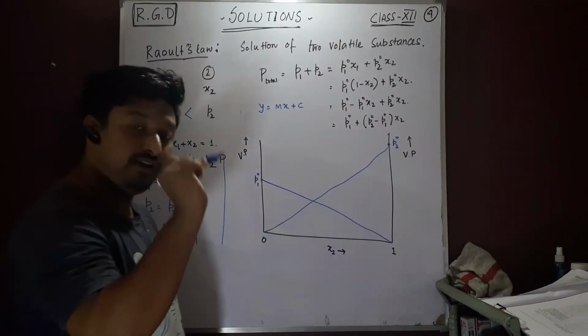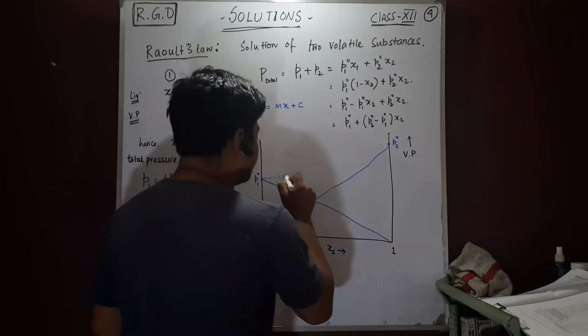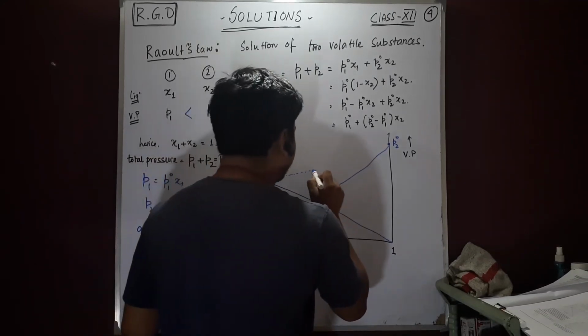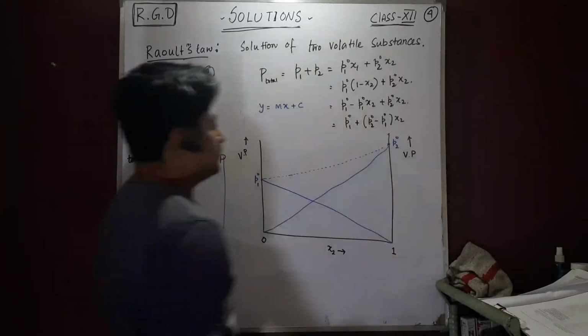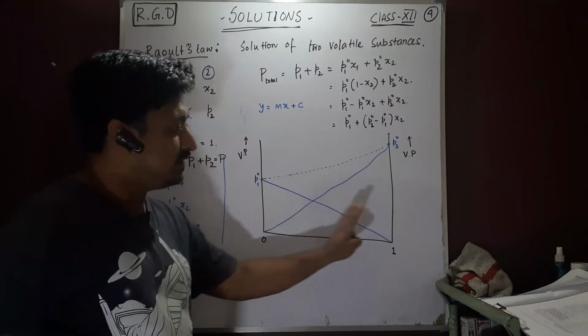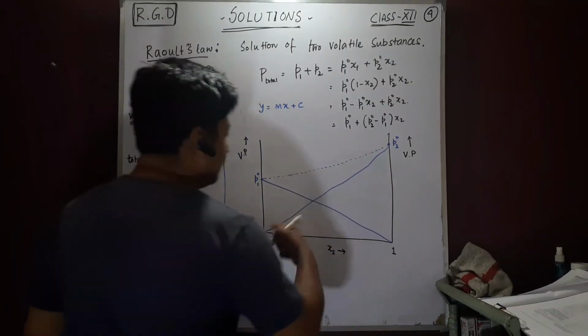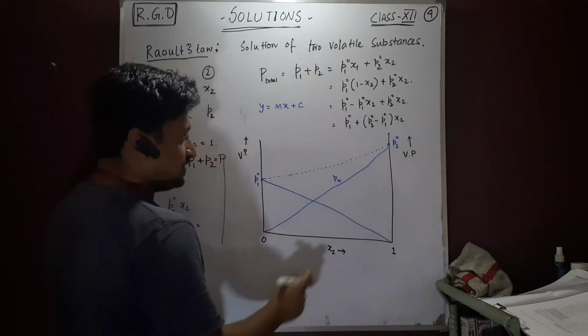But effectively, the graph is increasing from P1 to P2, this is the change in the graph. So this is basically your partial pressure P2, which is increasing.